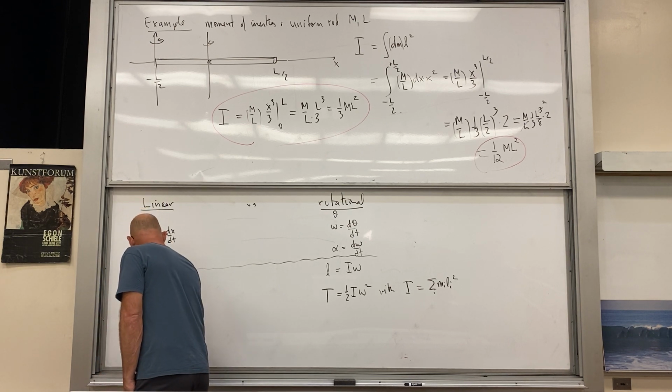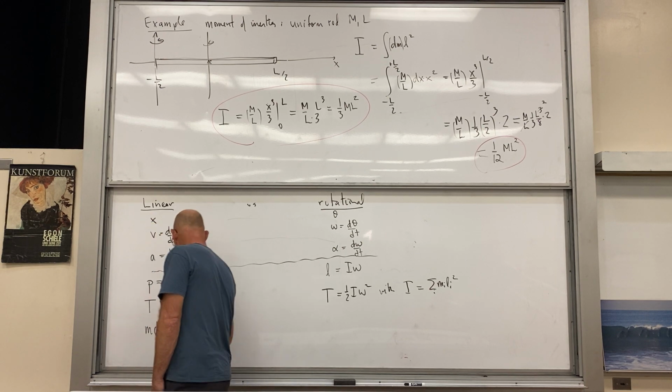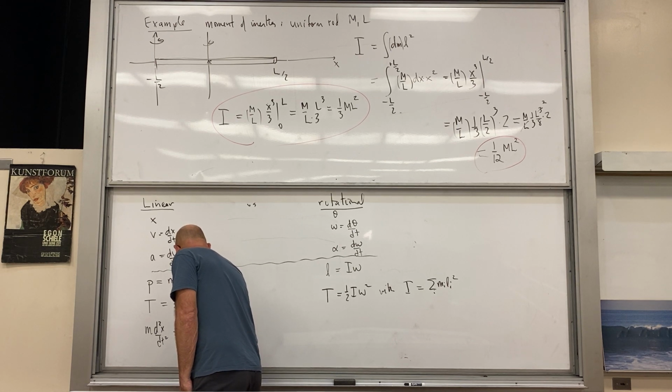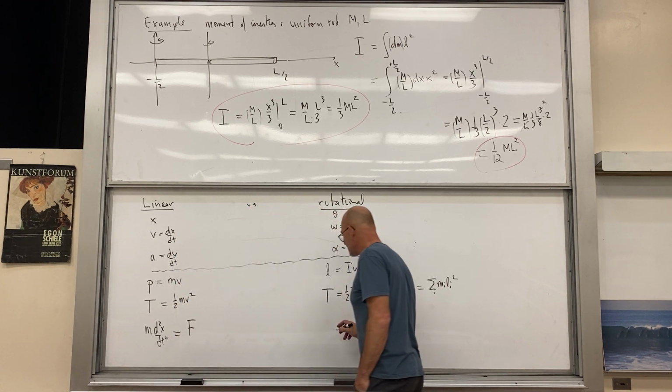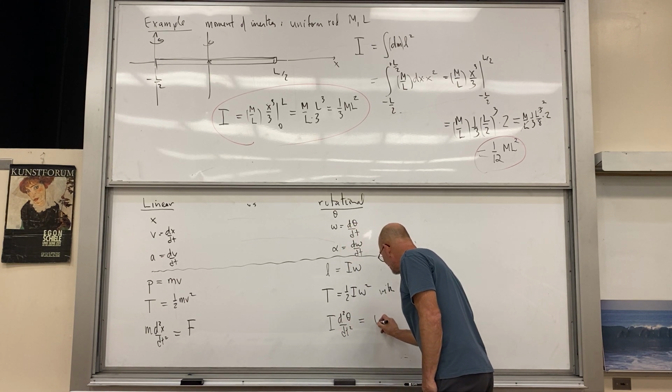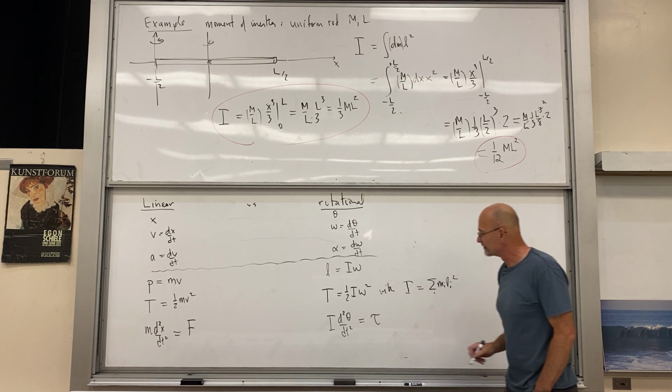So we could write m d squared x/dt squared, or the two dots, is equal to F. And over here we have I d squared theta/dt squared equals the torque.